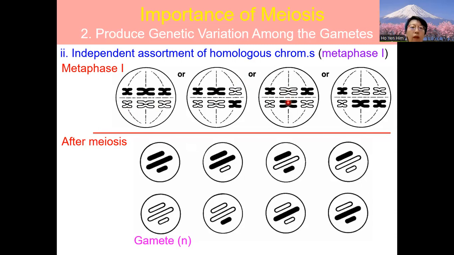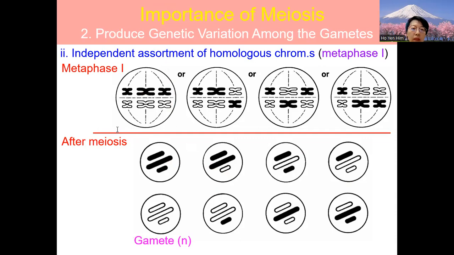Because of that, once they've arranged at the equator, there are many possible combinations of arrangement. So what is the total number of combinations here? You can see that there are altogether 6 possible different combinations, and therefore 6 possible combinations of chromosomes in the gametes. So how do we calculate this?